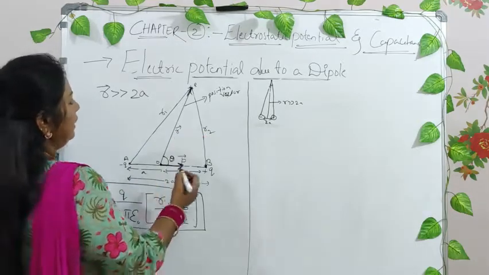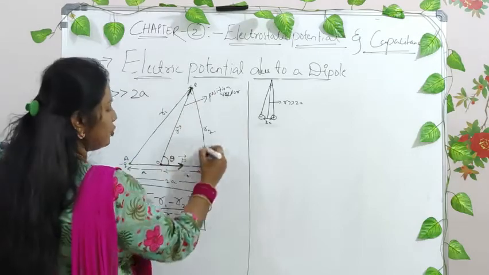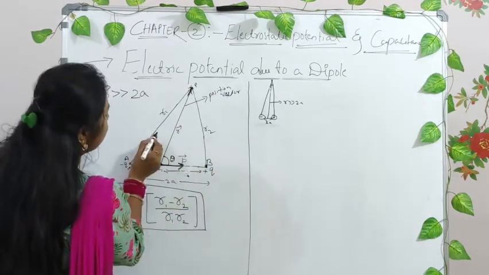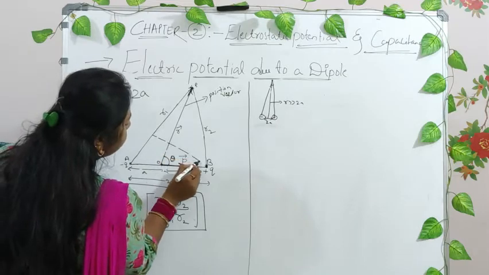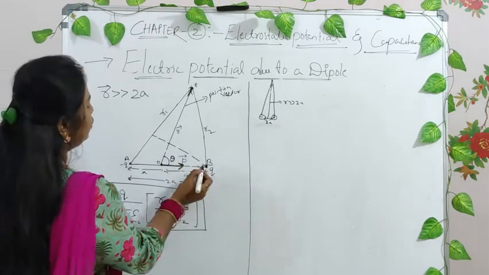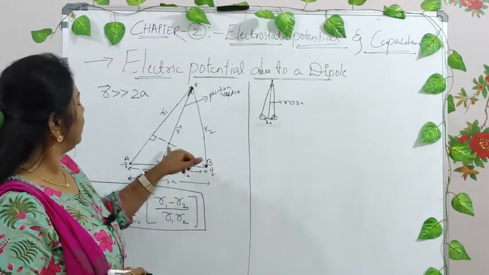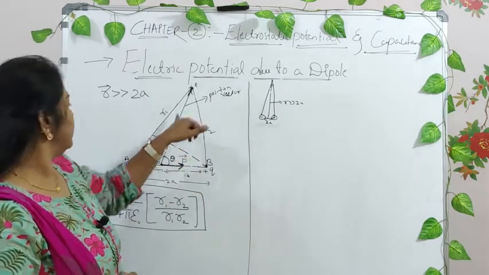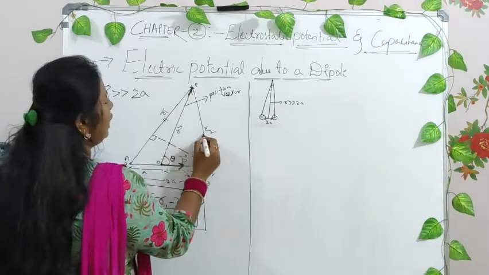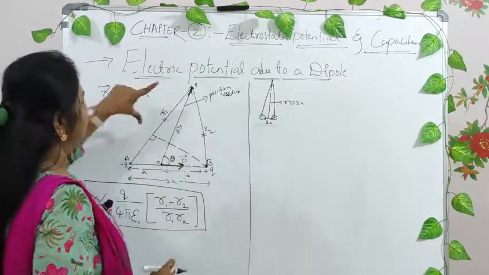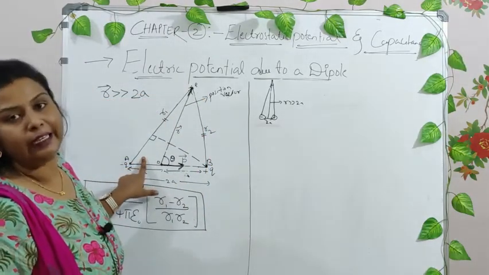Compared to this central line, this line is small, so you drop a perpendicular at this point. This is 90 degrees. When you drop a perpendicular on this line AP, the R1 and R2 distances are equal in length.